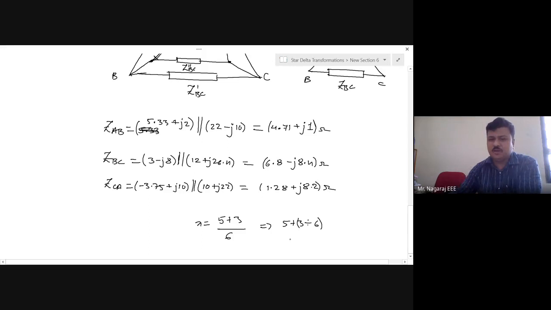Some calculators will take it like this, some like that. So whenever there is a division, it is always better to have brackets. Multiplication and division, it is always better to have brackets. This is a common error we observe in calculator operation.